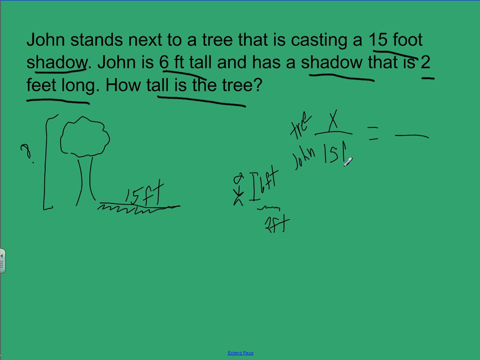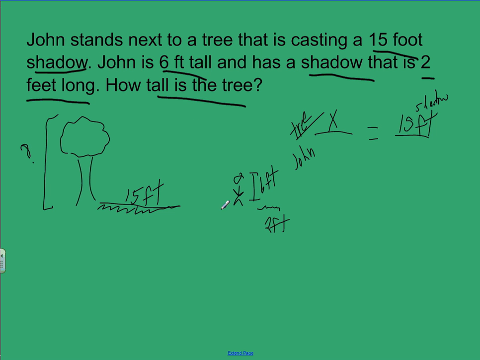So there's our 15-foot shadow. I'm going to put an S there so we know it's the shadow. Oh, I made a mistake. I'm sorry, guys. That number, the shadow length, should have been over here because our top level, remember, is for the tree. So that's a 15-foot shadow. I apologize. Hopefully I didn't confuse you too much.